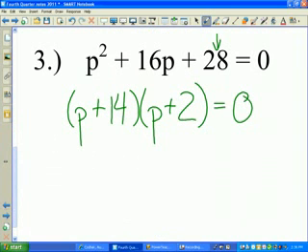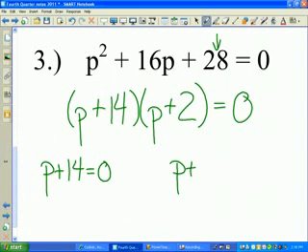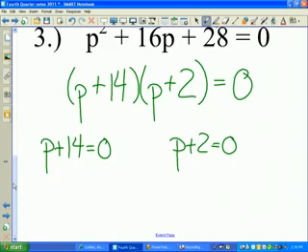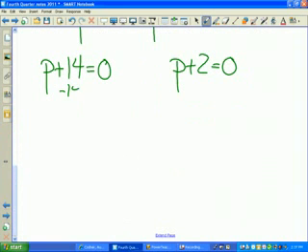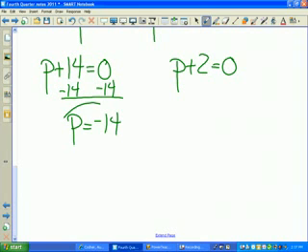So now that it's equal to 0, we need to set each of those factors equal to 0. So let's go ahead and solve. So that means we have to subtract 14 on both sides here, which gives me p equals negative 14.